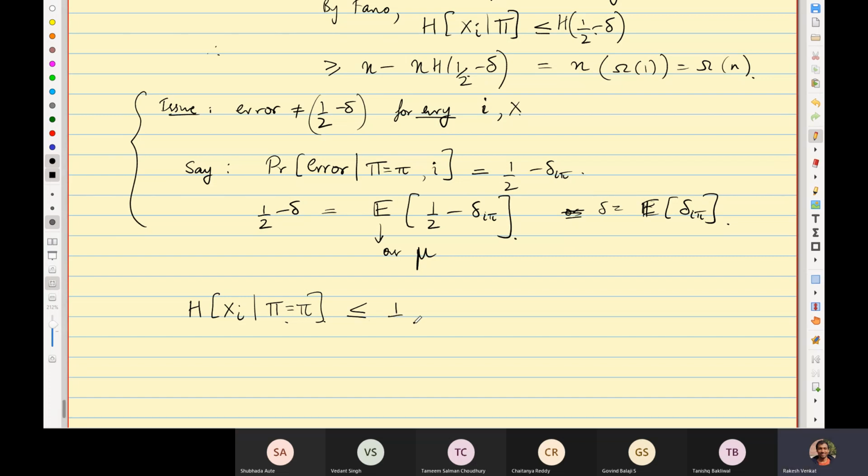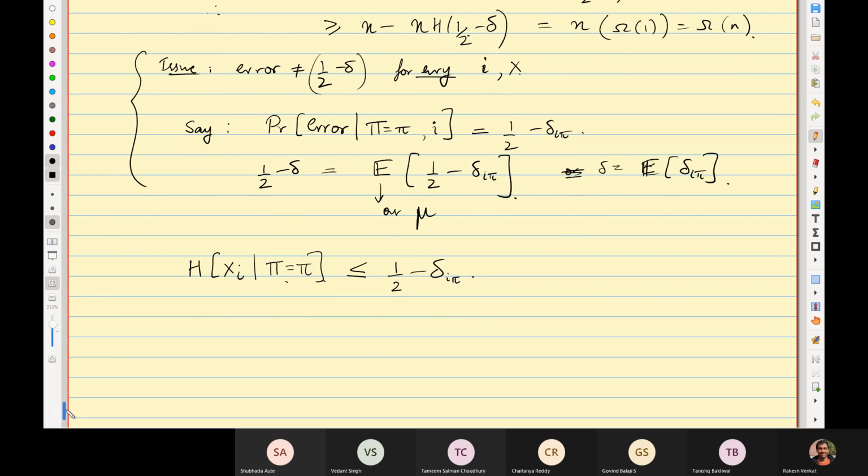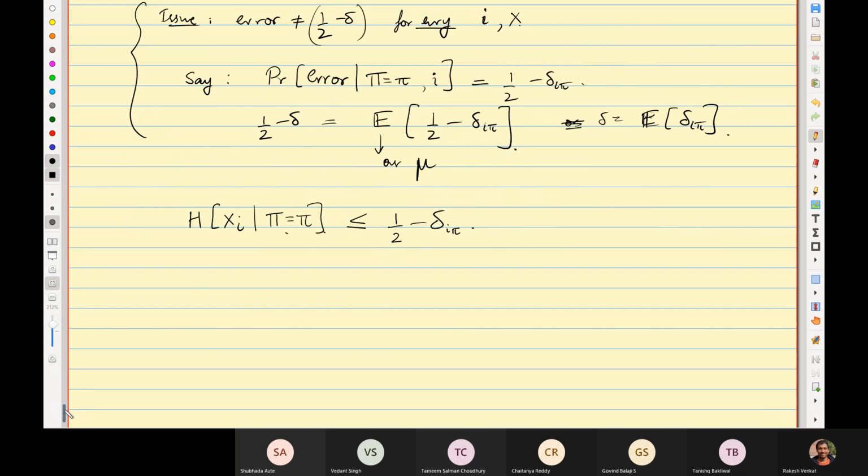So I should have introduced this, I used half minus everywhere. And therefore, what we'll do is take the expectation over this.